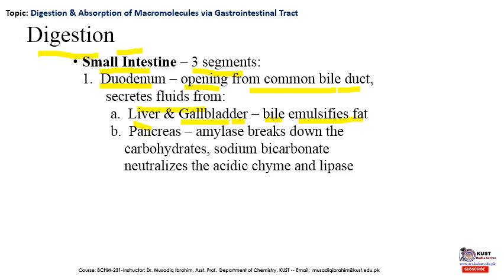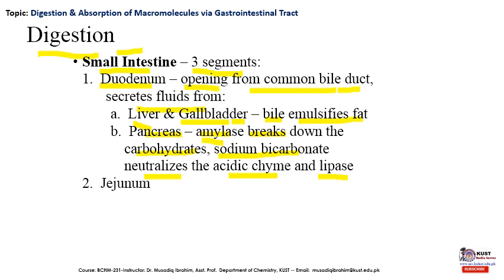And the pancreas is secreting amylase, which breaks down the carbohydrates, and along with the amylase we have the sodium bicarbonate, which is being secreted, and the purpose of sodium bicarbonate secretion is to neutralize the acidic chyme, as well as the lipase enzyme.